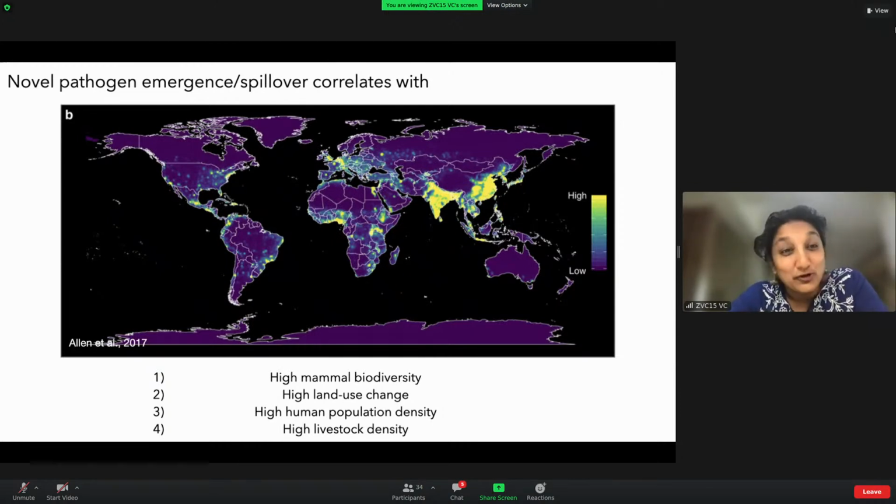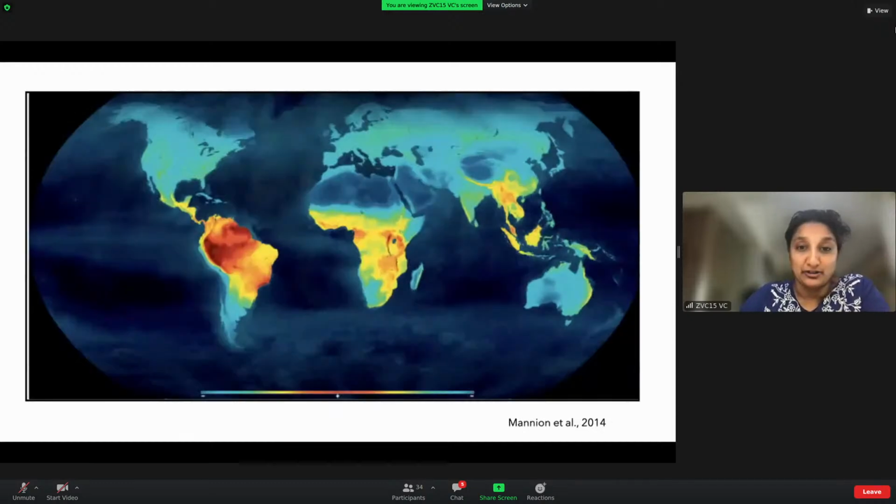India scores very highly on all of these. We have high mammal diversity, high land use change, high human population density, and high livestock density. So you can see that across the world, India and China basically light up as areas of high probability of a zoonotic spillover. This makes it important for us to understand these human wildlife interfaces and understand probabilities of spillover in the Indian subcontinent.